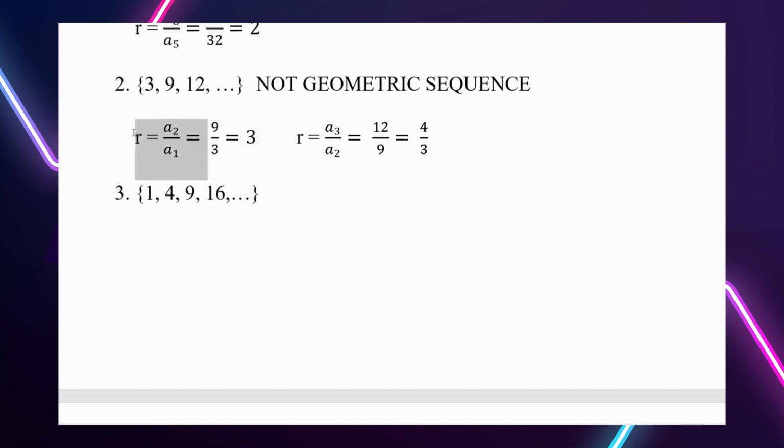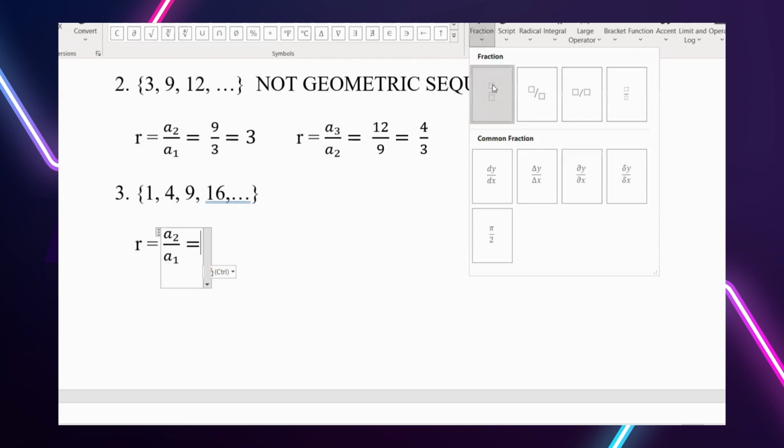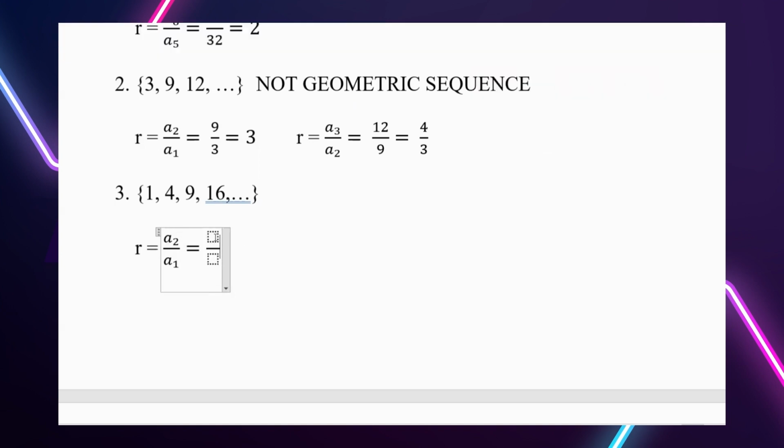So following the formula in finding the common ratio, which is r is equal to a sub 2 divided by a sub 1. So ano ba ang value ng a sub 2 natin? Ang value ng a sub 2 natin is 4 and the value of a sub 1 is 1. So 4 divided by 1 is equal to 4.